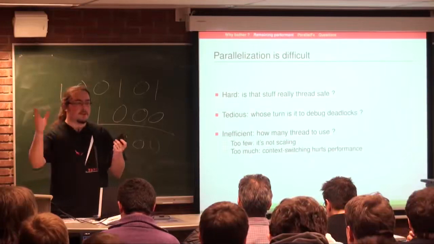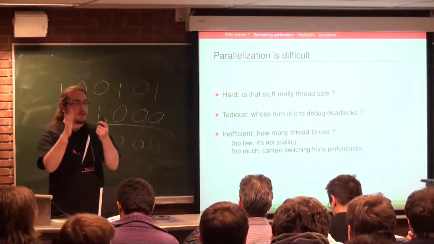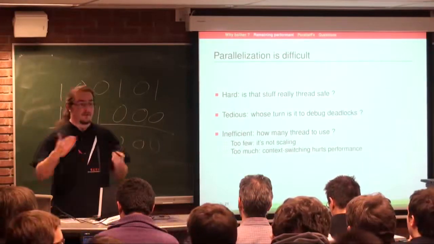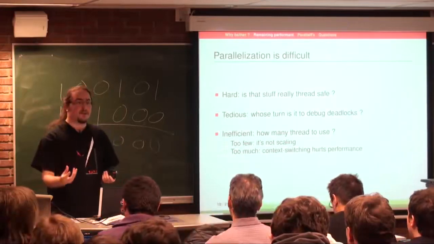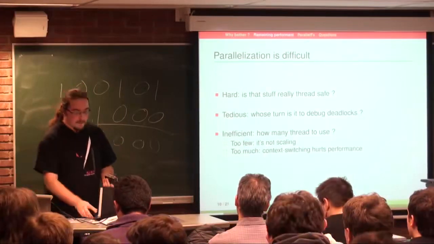So at some point it's going to change the threads which are executing, and that creates a lot of context switching. And if you use too many threads, the cost of context switching costs more than the optimization of running in parallel.